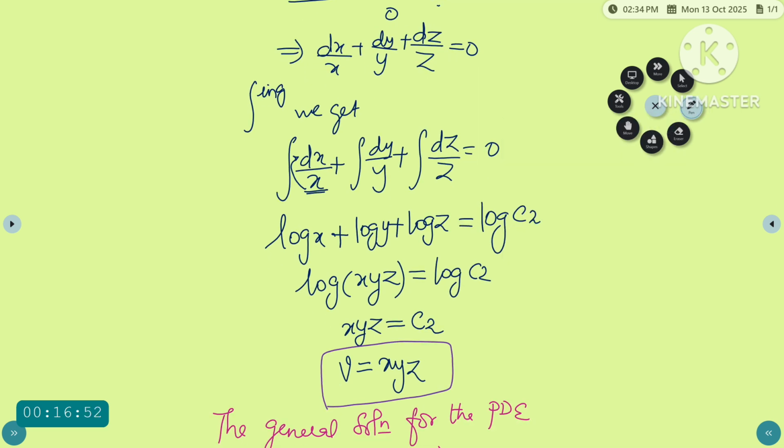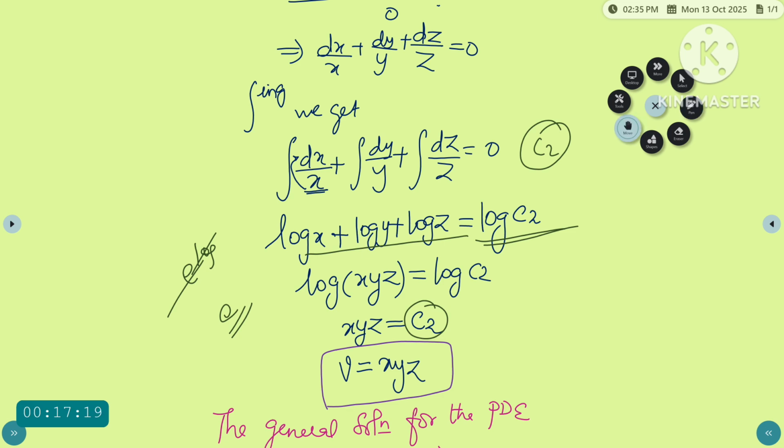Generally we add the integrating constant C2, but since all the terms are logarithmic, we introduce the constant also in logarithmic form, log of C2. After taking e power log, this cancels. So the final answer is xyz equal to C2. This C2 is considered as v equal to xyz.